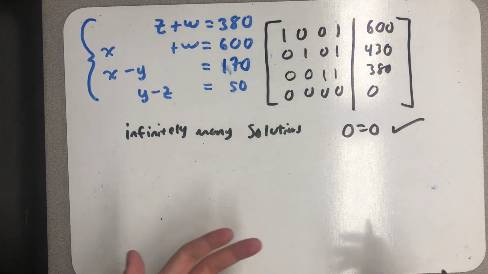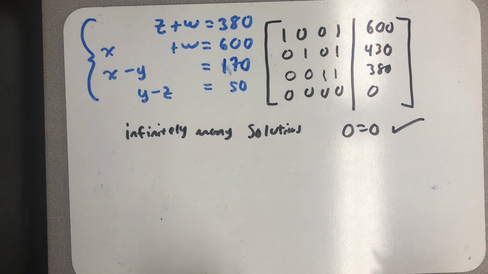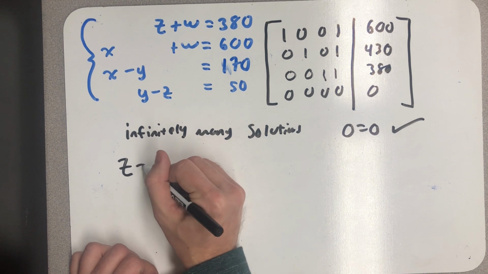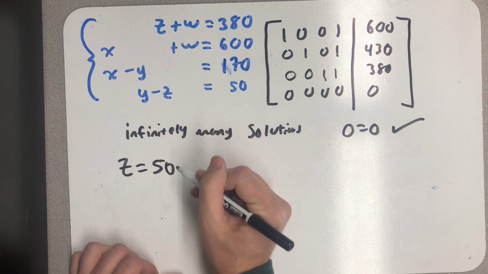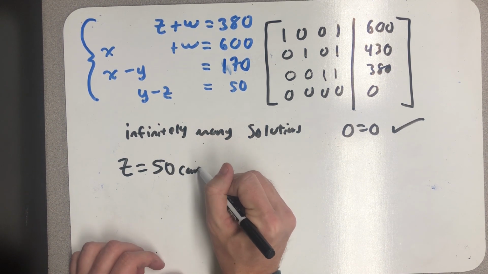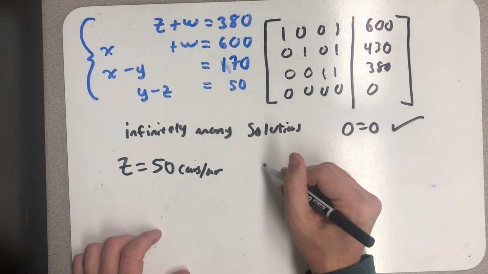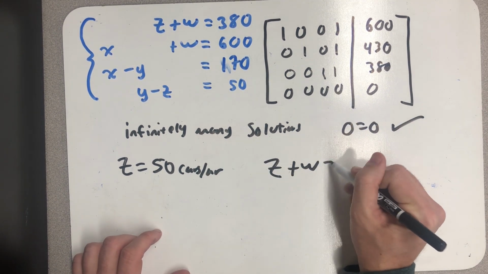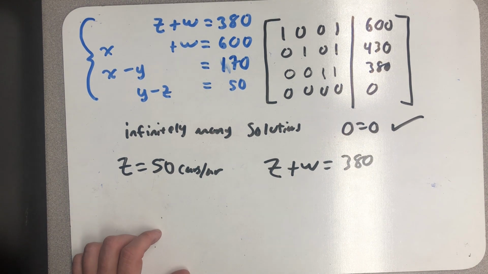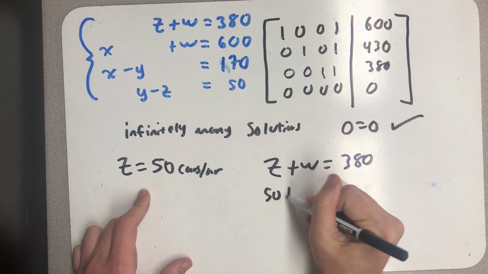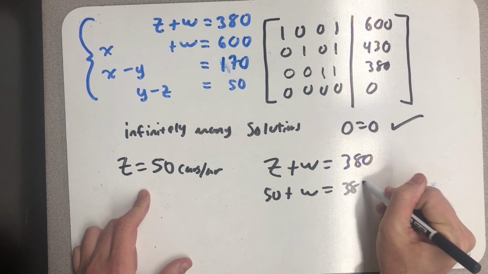Okay, well, we did our best, and then finally we're asked to solve the system if z equals 50. Okay, so z equals 50 cars per hour. So here I have an equation that says z plus w equals 380. Well, if I know z, then I know w. 50 plus w equals 380.